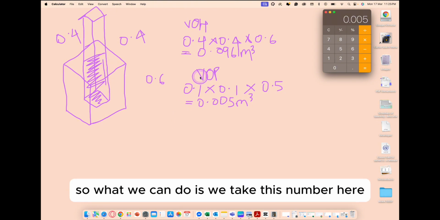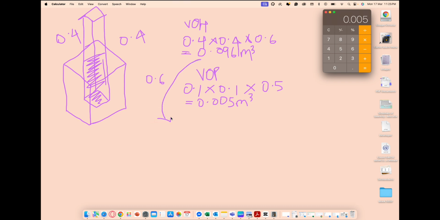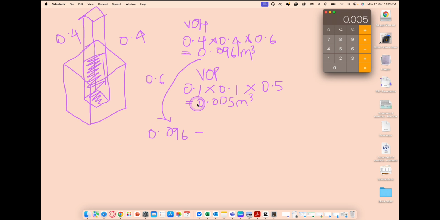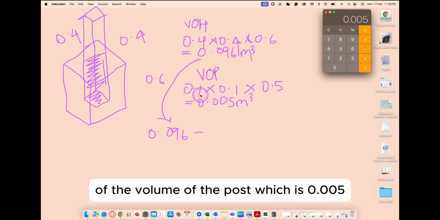So what we then do is we take this number here, 0.096, and we deduct the volume of the post, which is 0.005.